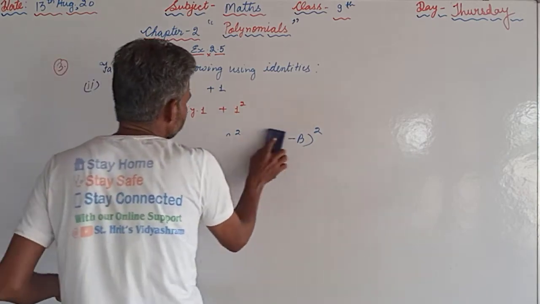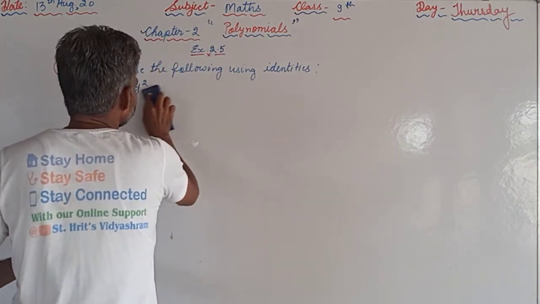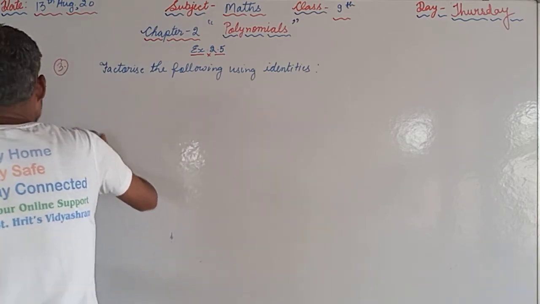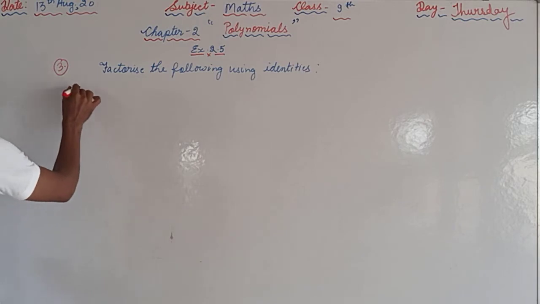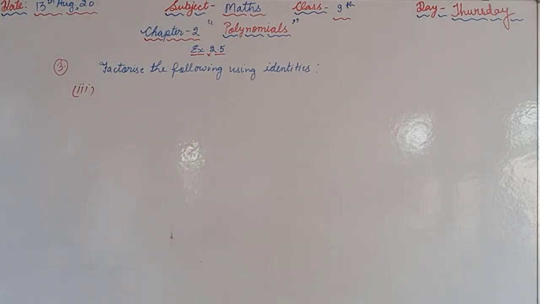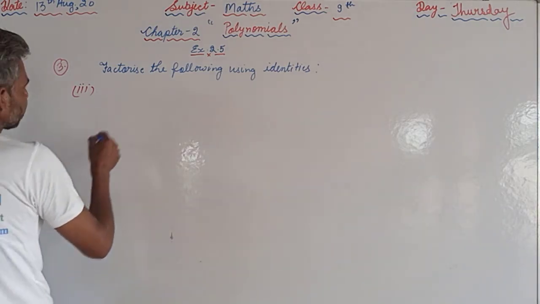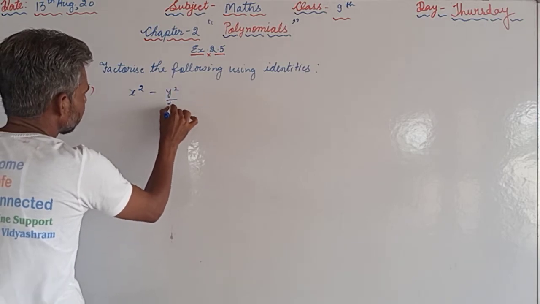In the third part we are supposed to use a different identity. The next part is third, and the question is x square minus y square upon 100.